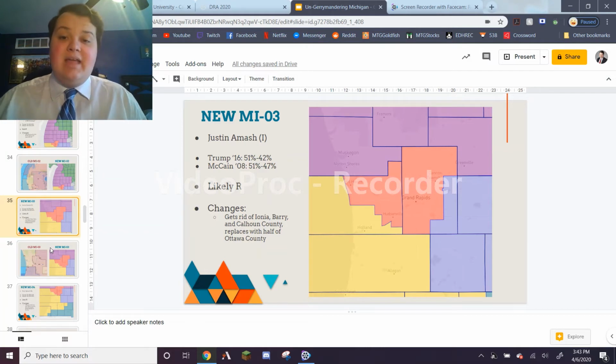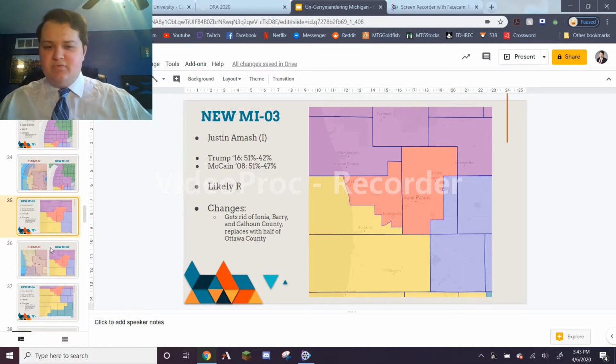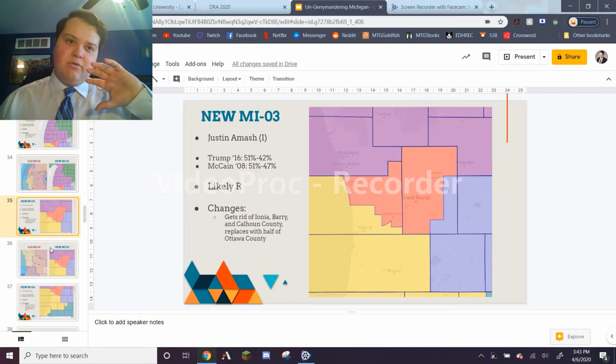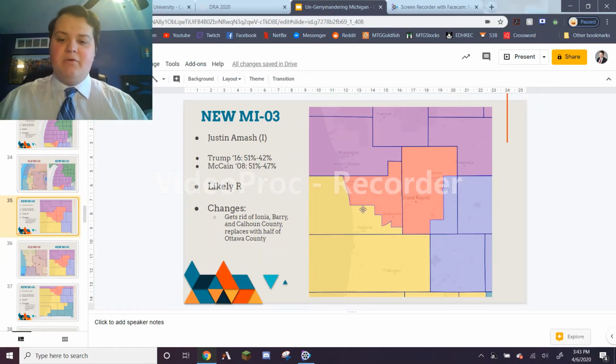And also John McCain actually won this district, one of the 2 districts that John McCain won in 2008. He won at 51% to 47%, which I think speaks to the fact that while other parts of the state, especially the more Republican rural areas, have moved so overwhelmingly away from President Obama in 2008 over to Donald Trump in 2016, in this district some of those voters moved in that direction, but those voters were also counteracted by a large growth of younger, diverse, more liberal voters, especially in areas like Grand Rapids and some of the suburban communities that surround it.